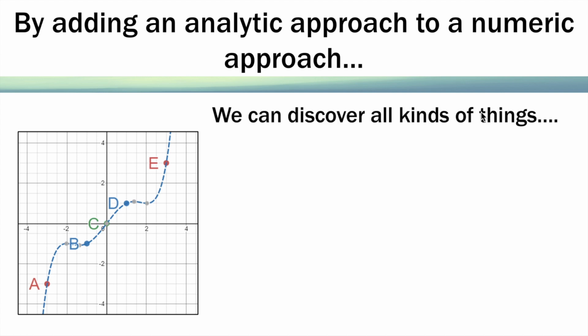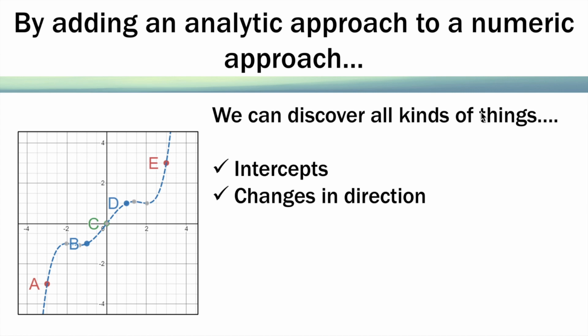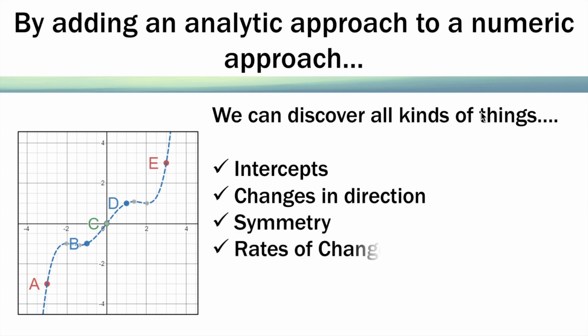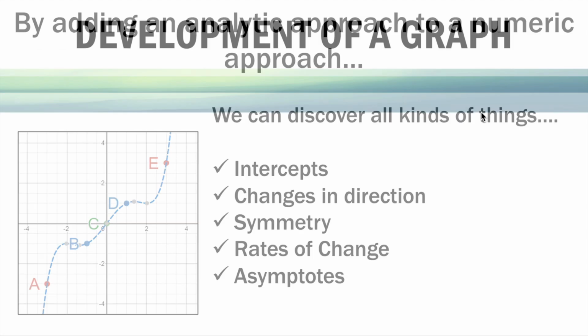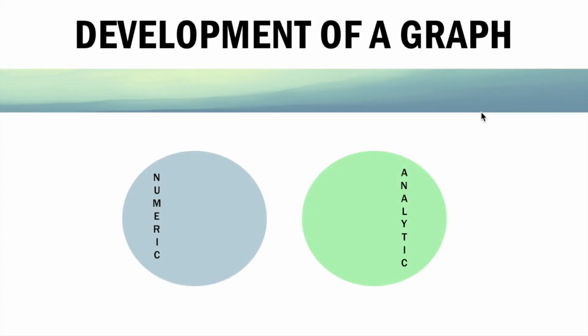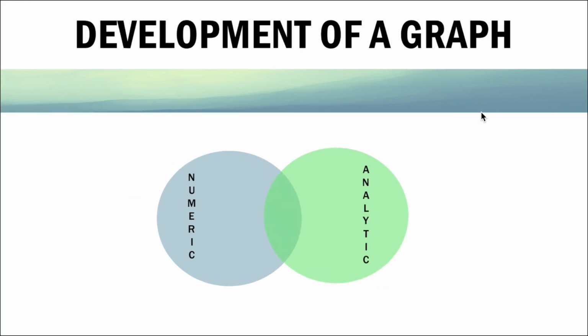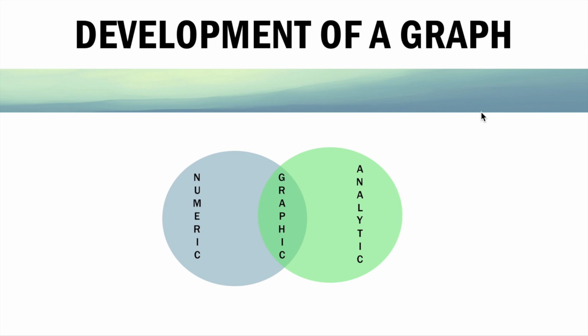We can discover all kinds of things with an analytic approach, such as intercepts, changes in direction, symmetry, rates of change, asymptotes. And so what happens is you've got a numeric approach and an analytical approach, and when we marry those together, we come up with some graphic representation of a lot of cool information. So this is calculus.